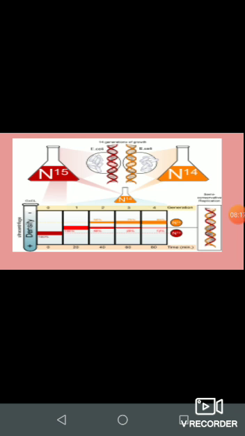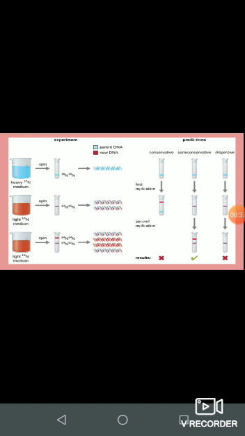If replication takes place as a semi-conservative model, a new band will be formed at the intermediate location. These are the three possible outcomes. After transferring the cells into the normal media, they isolated the DNA and centrifuged it.